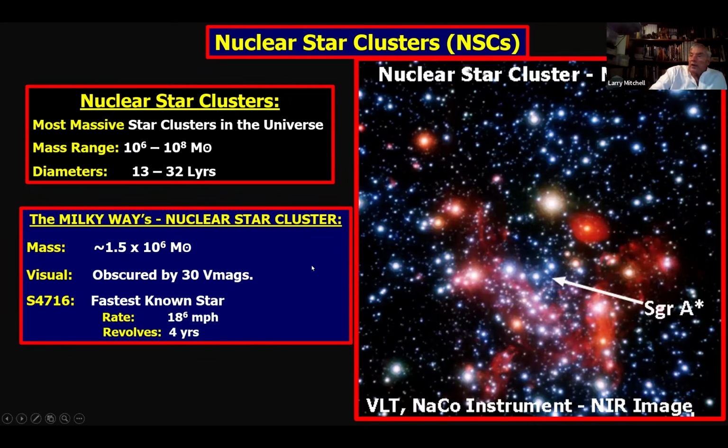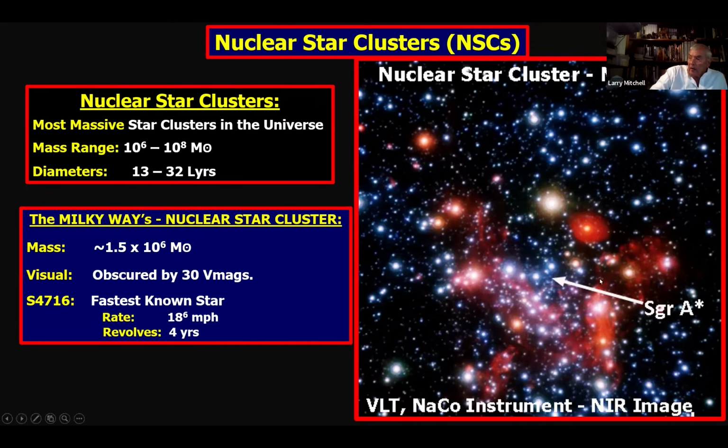Of interest is a star that goes by the name of S4716. It is the fastest known star. It whips around the black hole, whips around Sagittarius A star at a rate of 18 million miles per hour.